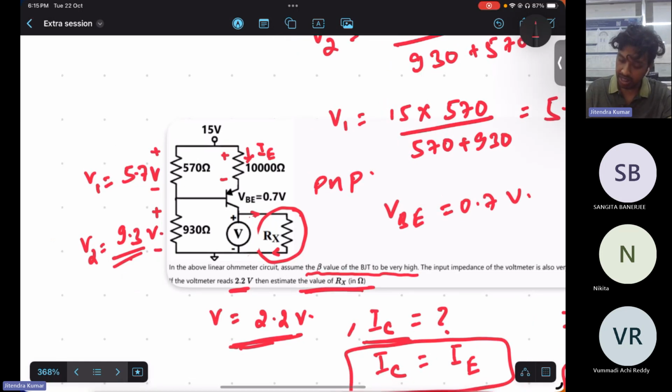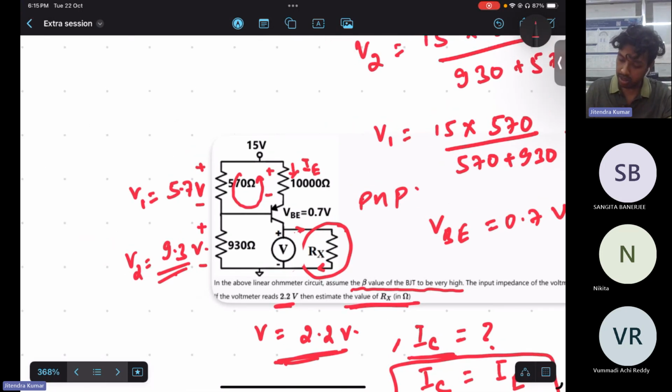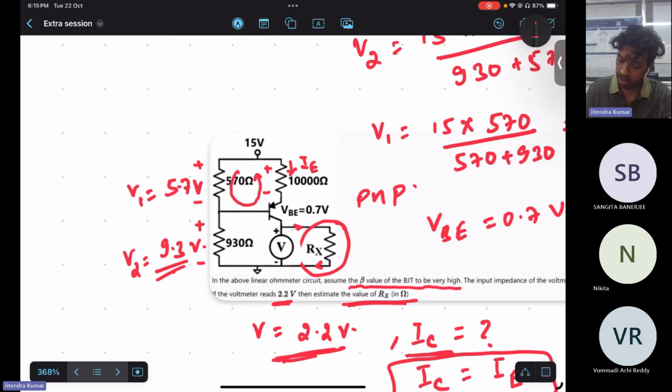Now we can apply KVL here, right? How much will be this voltage across this 10,000 ohm resistor? Let's call it Vx. So Vx will be 5.7 minus this VE drop of 0.7 volt, which will be equal to 5 volt, isn't it?